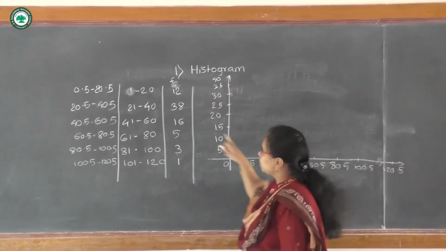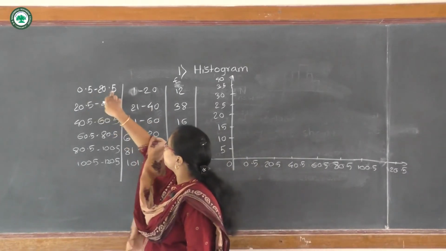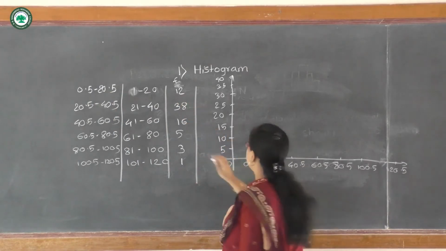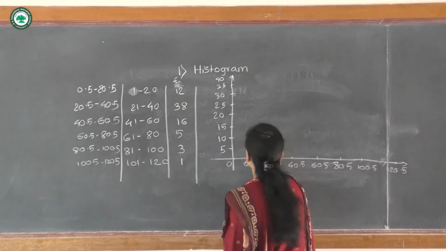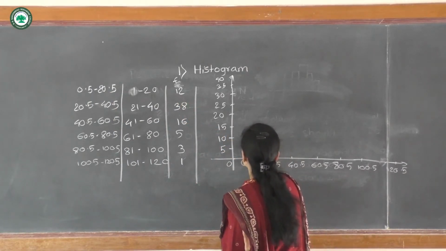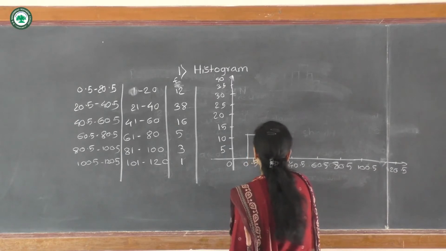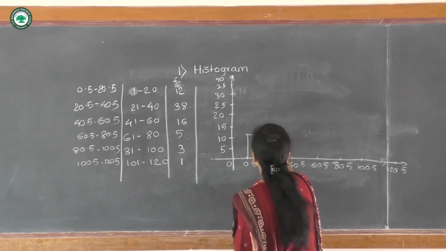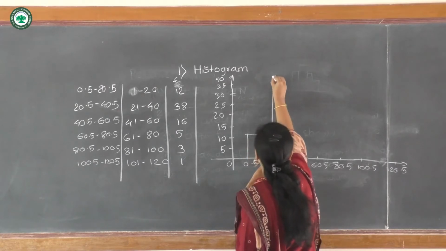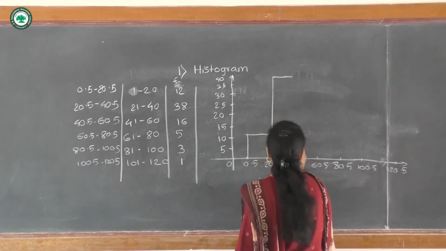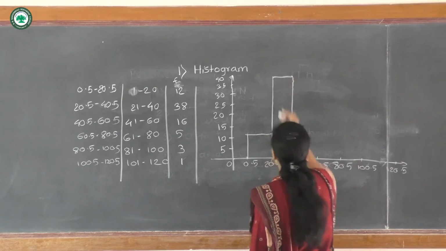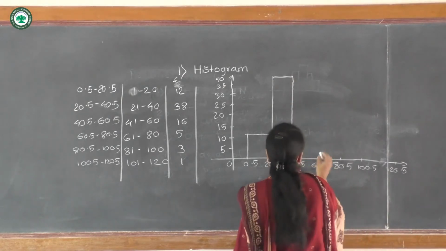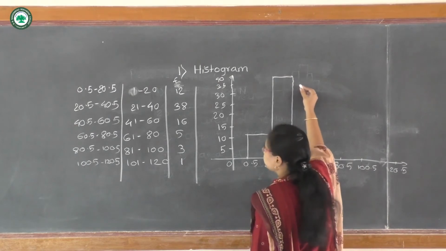While drawing the histogram for the first class, that is 0.5 to 20.5, the class frequency is 12. So approximately this will look like this. Then 38, note that these are of equal proportion with frequency.